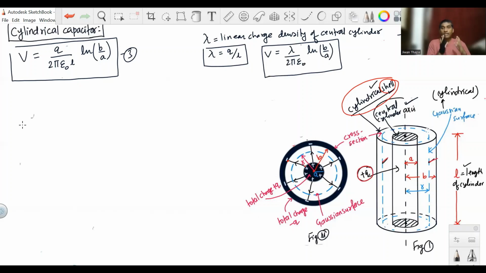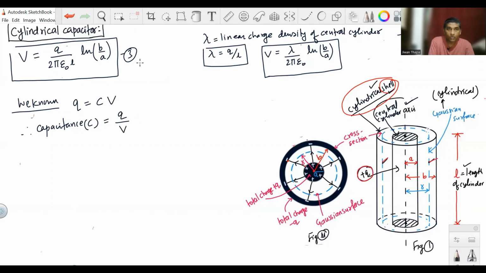Now we are going to find capacitance of cylindrical capacitor, and we know Q equals C times V. Therefore capacitance C equals Q by V. Now we are going to put the value of potential difference from equation 3. So we can write C equals Q by V, and V is Q by 2 pi epsilon 0 L, and we have ln B by A. So this cancels out.